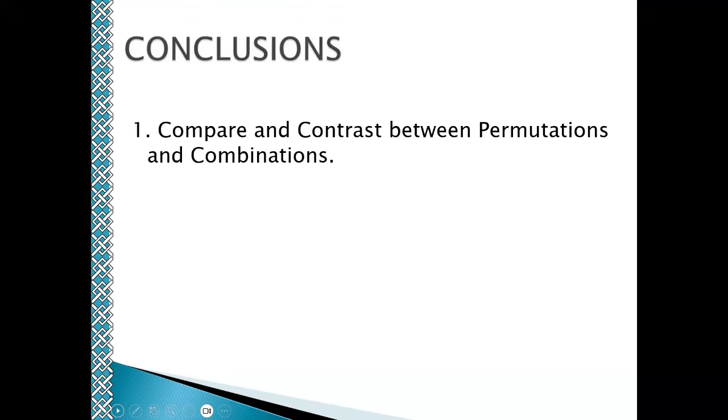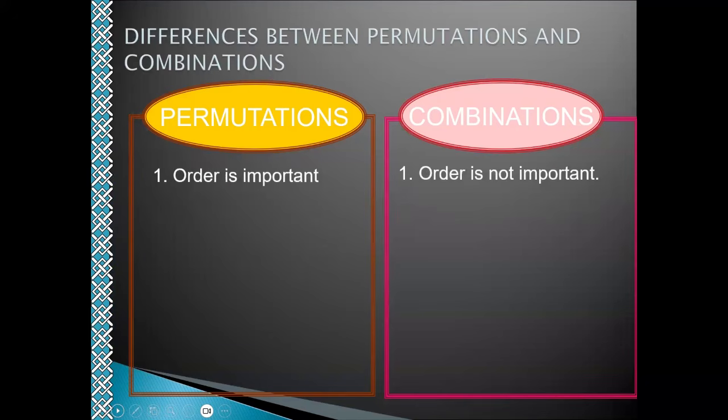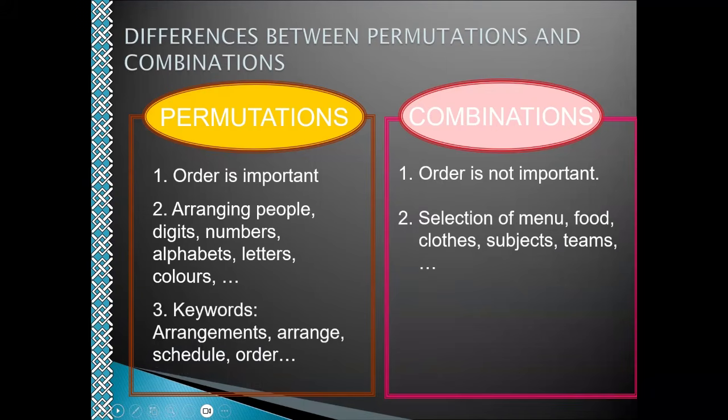Last 3 slides. Just try to compare and contrast permutations and combinations. Order is important, order is not important. Arranging people, digits, numbers, alphabet, letters, colors; selection of menu, food, clothes, subjects, teams. Keywords here, again keywords here. What is the difference between permutation and combination? In permutation, order is important.